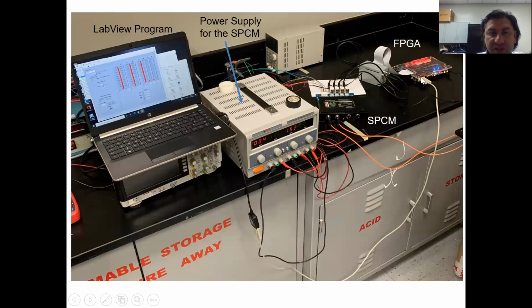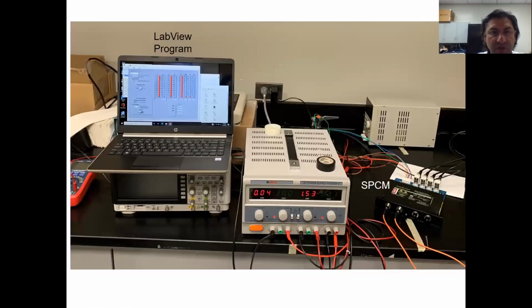And the FPGA is connected to a laptop running a LabVIEW program, which is showing us the single photon counts from each detector plus the coincidences. How many of these are really entangled? So how many of these are reaching the detectors in a certain small window of time?